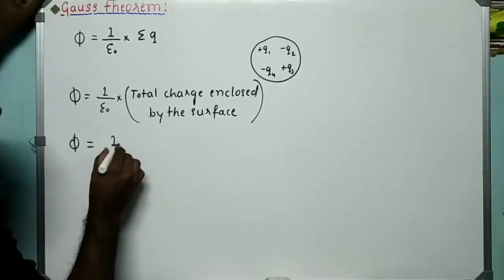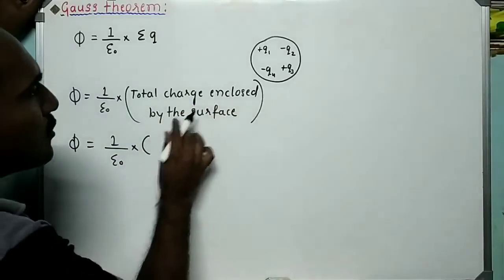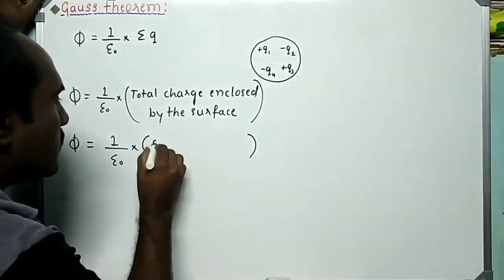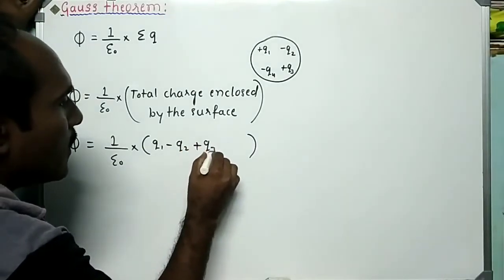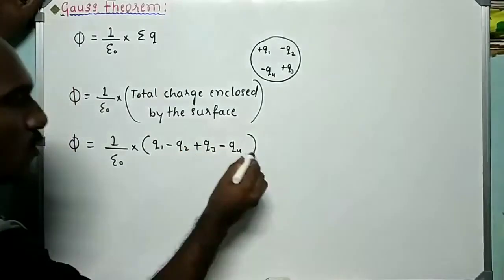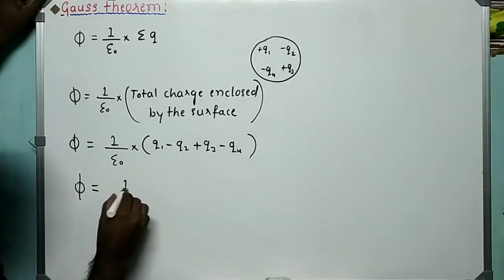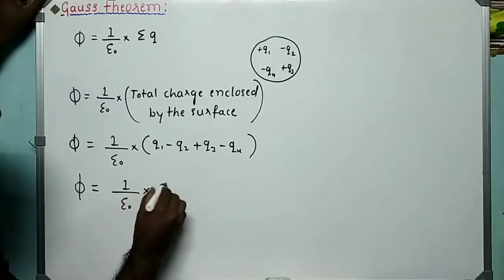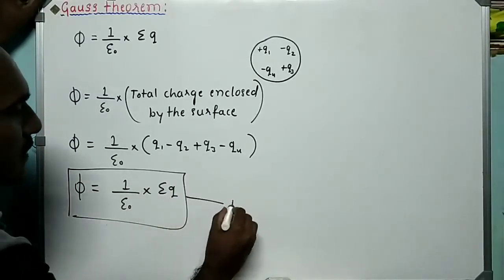Flux is equal to 1 by epsilon naught into what is the total charge enclosed by this surface? That is plus Q1 minus Q2 plus Q3 and minus Q4. This is total charge enclosed by the surface. Therefore, in general, flux is equal to 1 divided by epsilon naught into summation of Q. This is the Gauss theorem, called as equation 1.